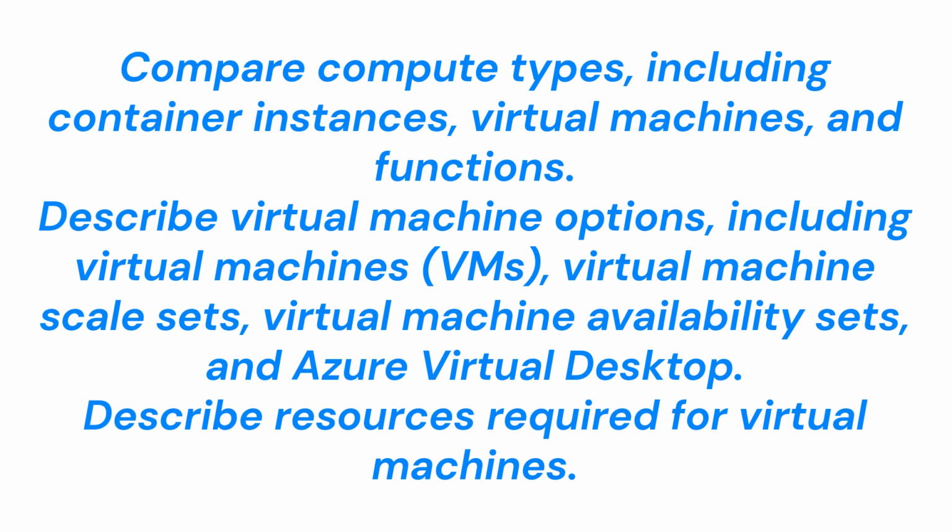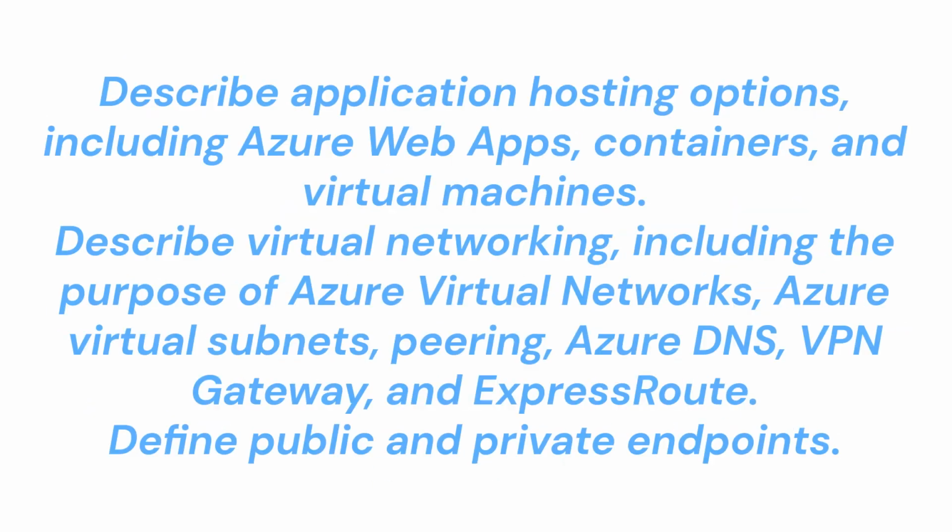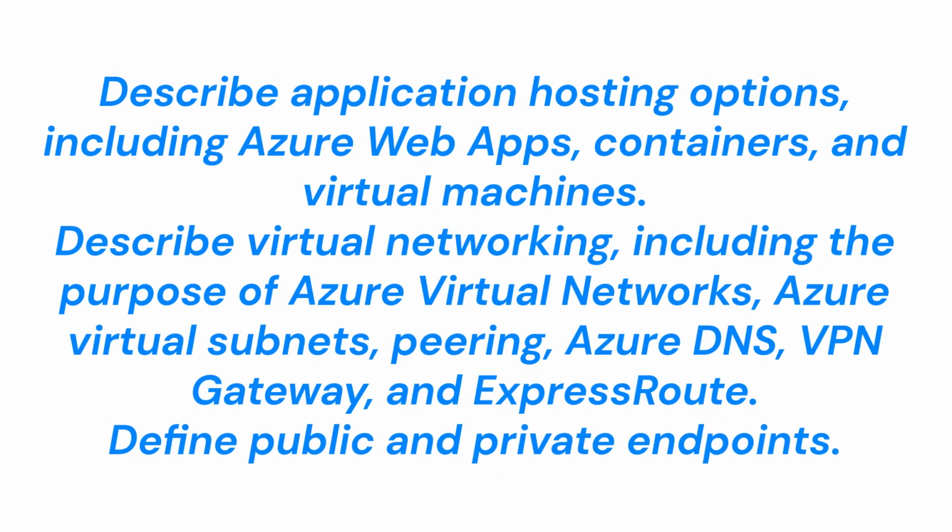Describe resources required for virtual machines. Describe application hosting options, including Azure Web Apps, containers, and virtual machines. Describe virtual networking, including the purpose of Azure Virtual Networks, Azure Virtual Subnets, peering, Azure DNS, VPN Gateway, and ExpressRoute. Define public and private endpoints.